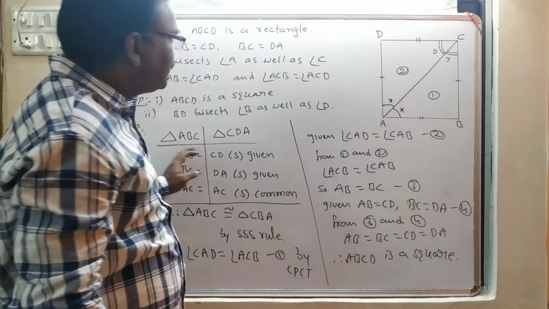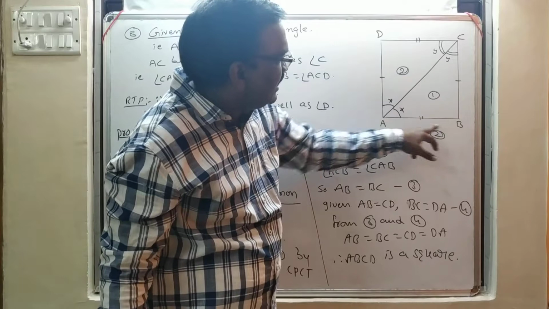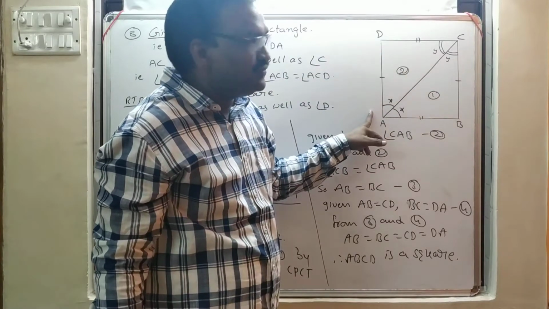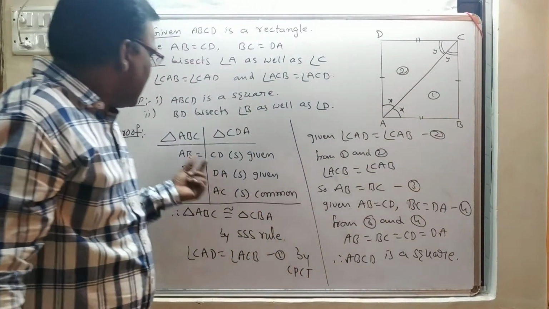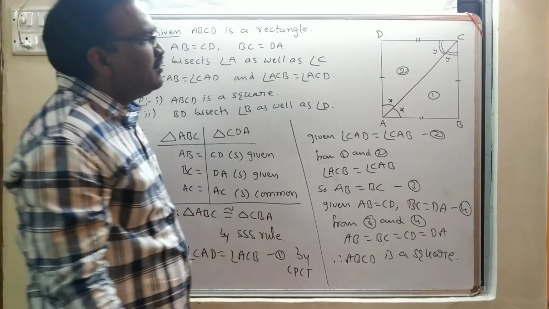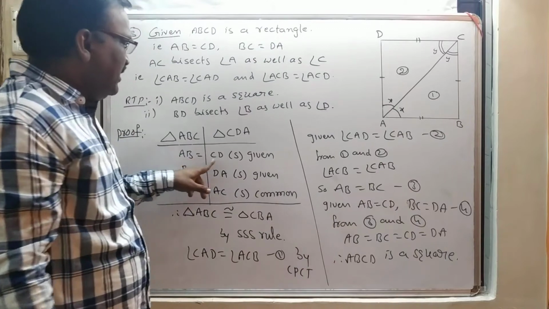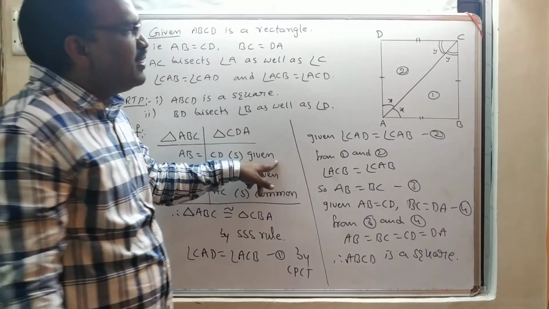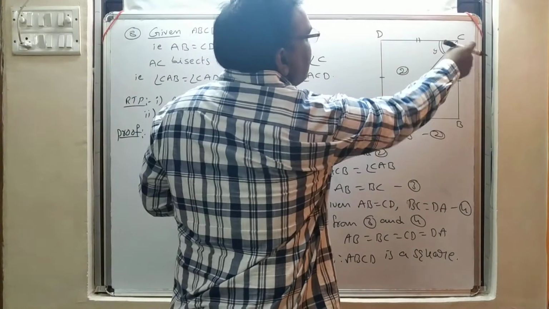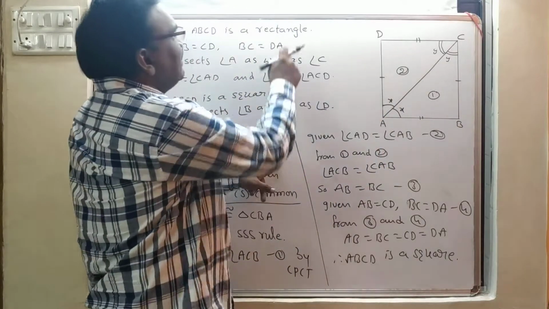Now proof. Observe the triangles ABC and CDA. What are equal? AB is equal to CD. That is given. Next condition, BC is equal to DA. This is also given.